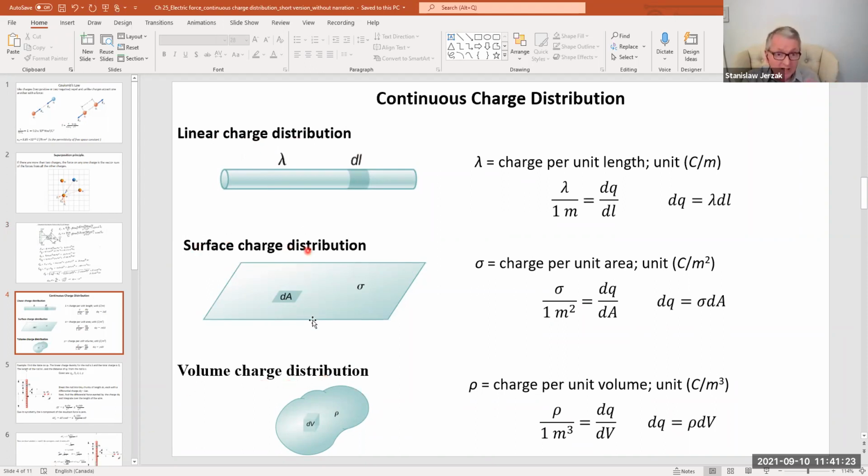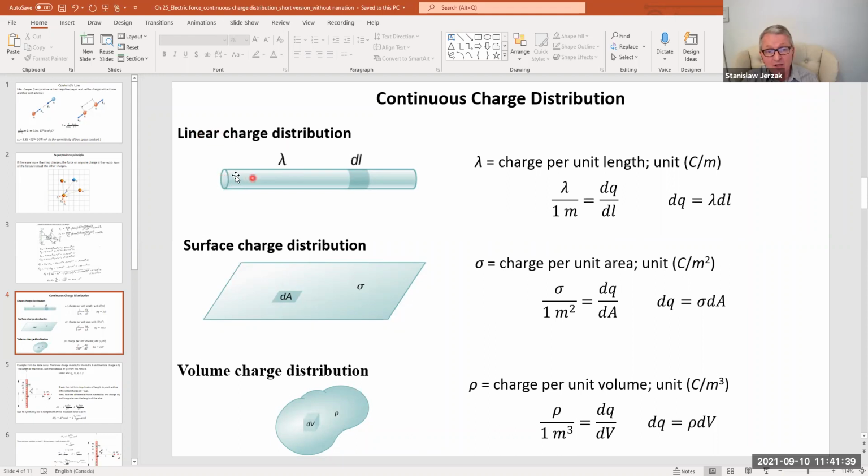That was also done in Physics 1801, but this is now very crucial for Physics 2020. So please make sure that you understand what we mean by the charge density, linear charge density.